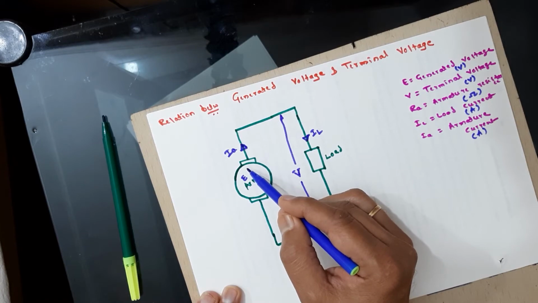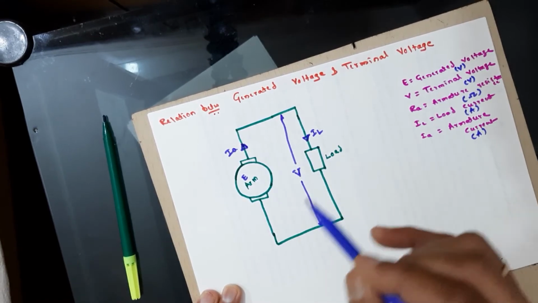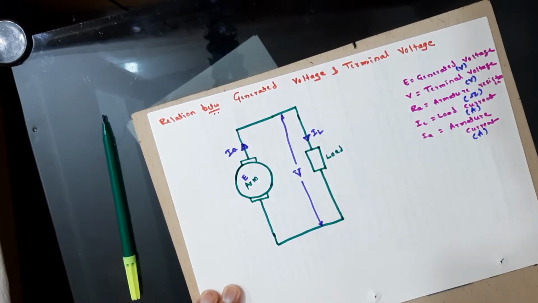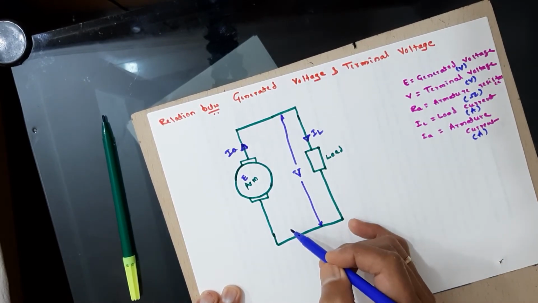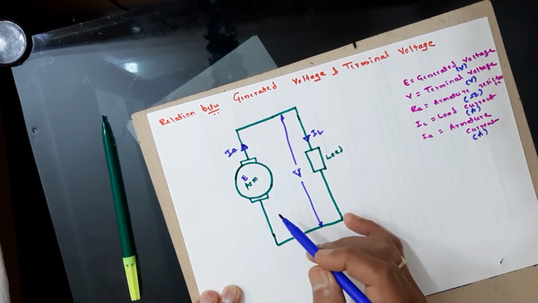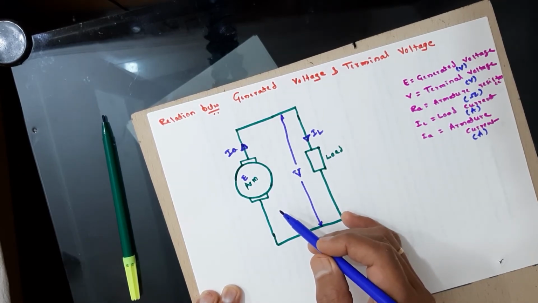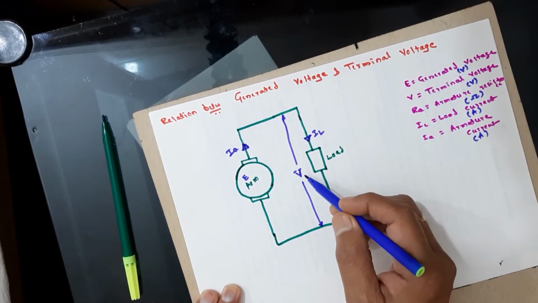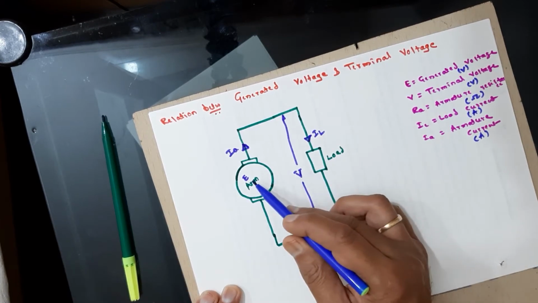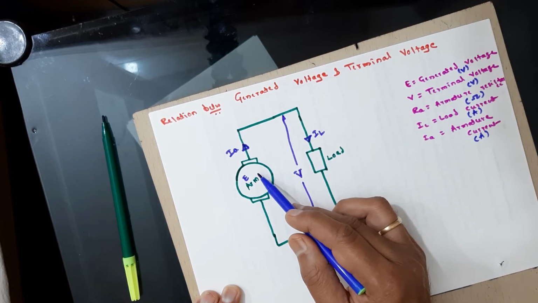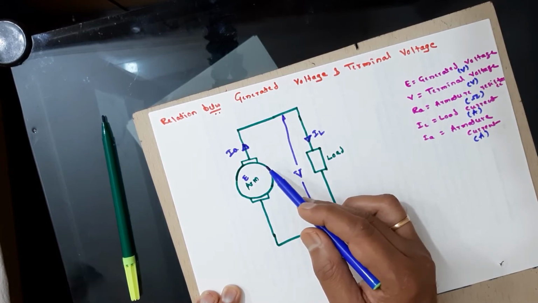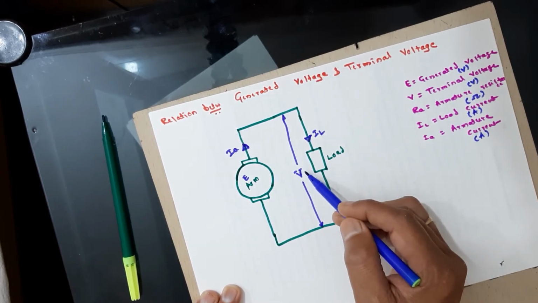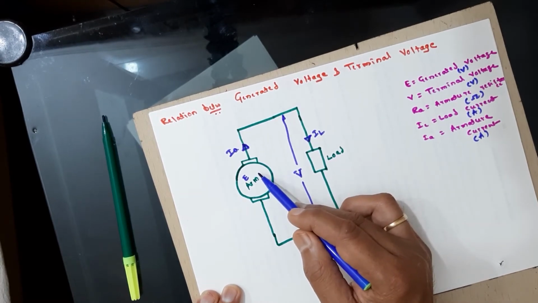There is one more effect in the DC generator: the current flowing in the armature conductor produces its own magnetic flux. The armature flux opposes the main flux, so there is a reduction in voltage. Therefore, the voltage available across the terminals is less than E. The first reason is the I Ra drop. The second reason is armature reaction.